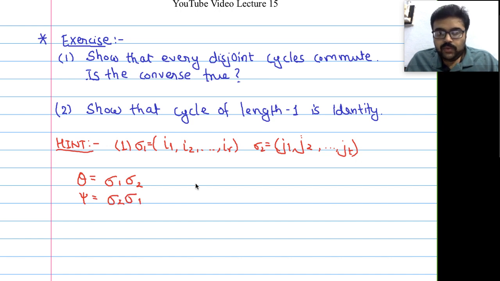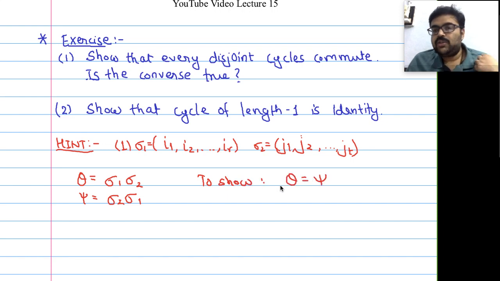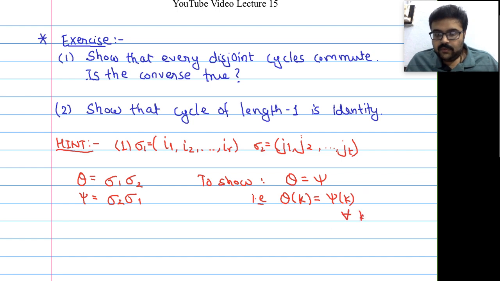What we have to show is theta equals psi, that means sigma 1 sigma 2 equals sigma 2 sigma 1. That is, theta of k equals psi of k for all k in S.